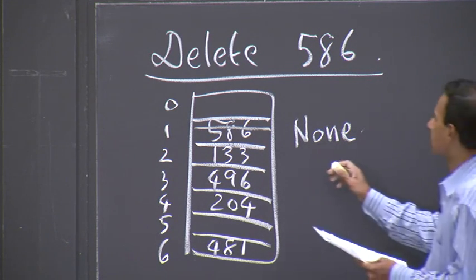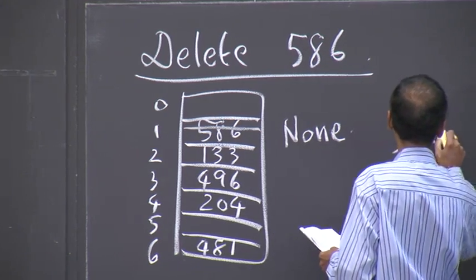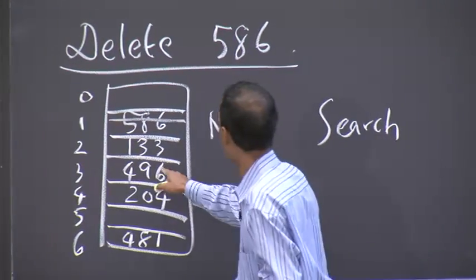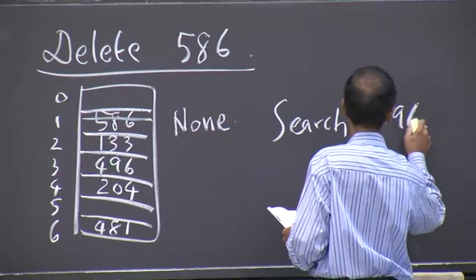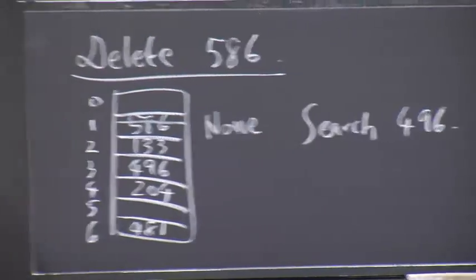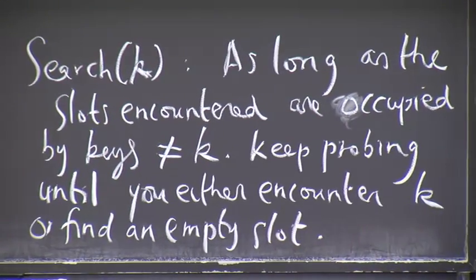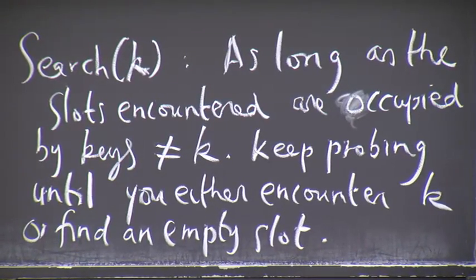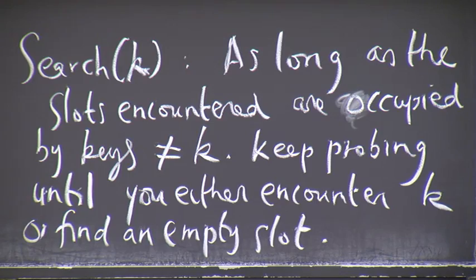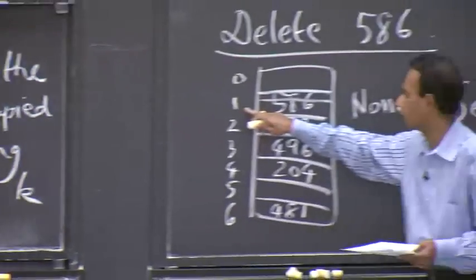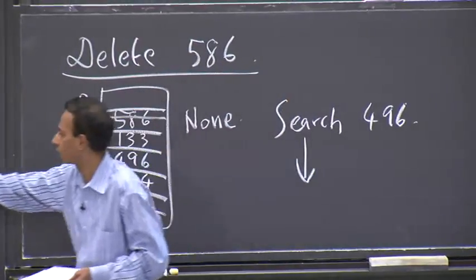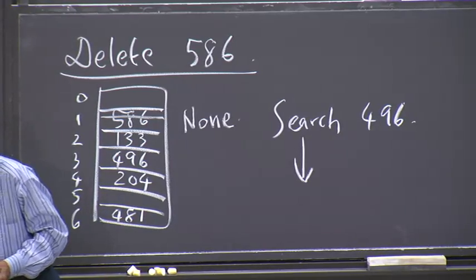Now, what happens is that when I search for 496, according to this search algorithm, what am I going to get? The first slot I'm going to look at is 1, and I find an empty slot.